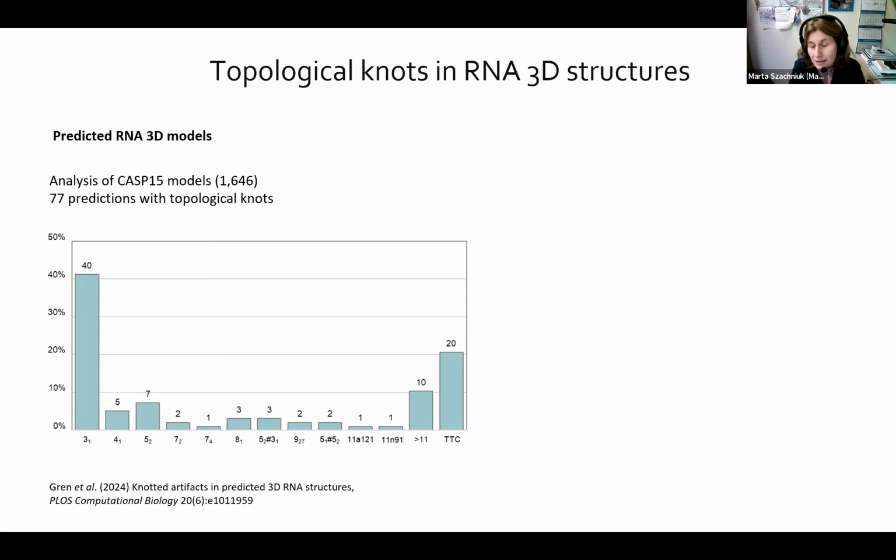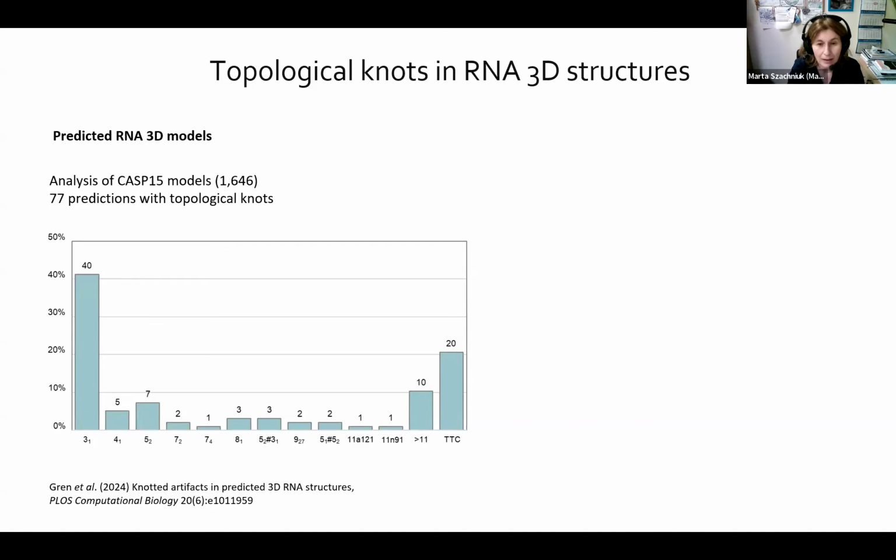Most of the knots are trefoil knots, so these are the simplest topological knots. So this is the first bar here. Over 40% of all the topological knots found in the predictions are trefoils. But we also can see that there are other types of knots, even knots with over 11 crossings.